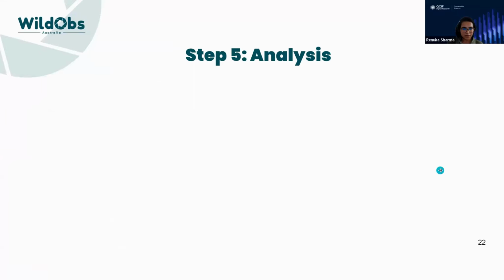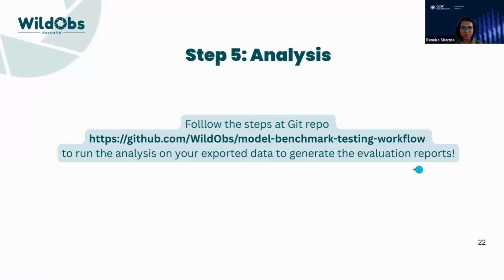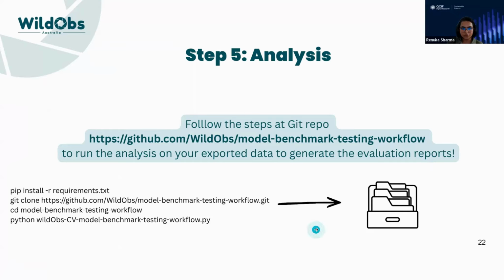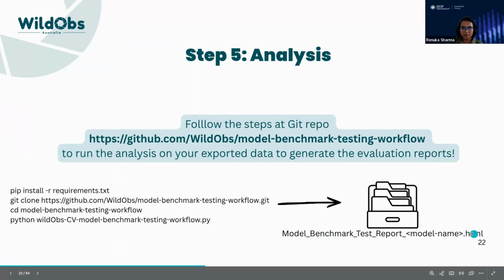Now coming to the analysis step, we have created this Git repo where we have a Python notebook and also a Python manifest file. So you can follow these 4 commands or the Python notebook to be able to create this particular evaluation report.